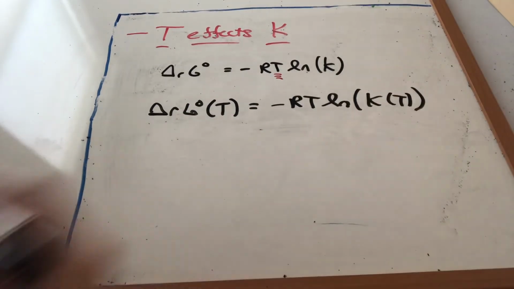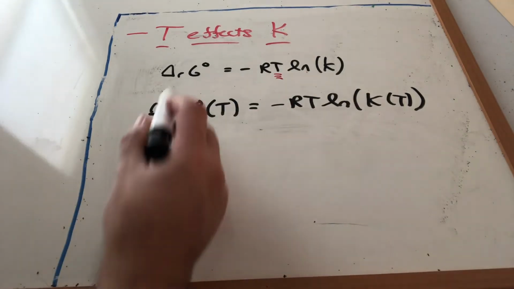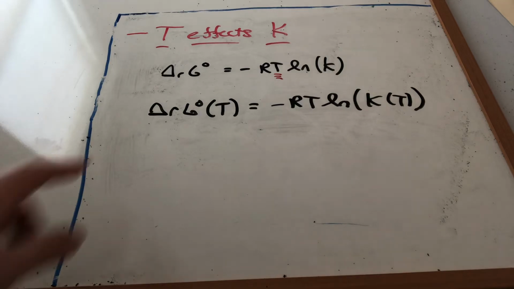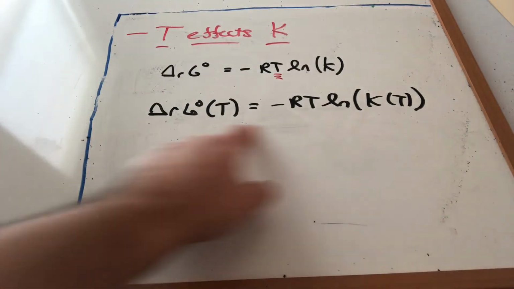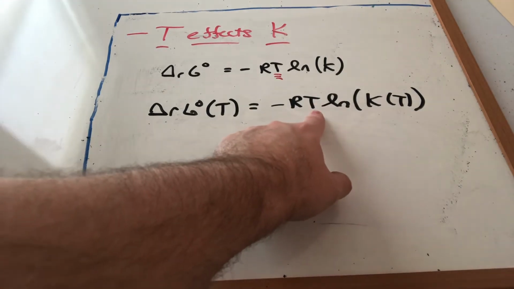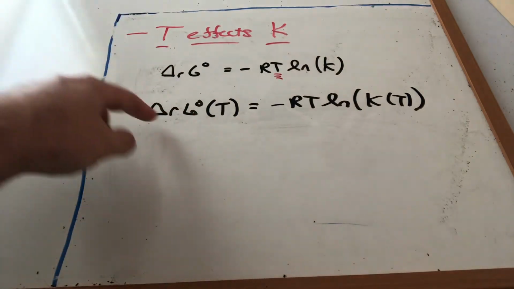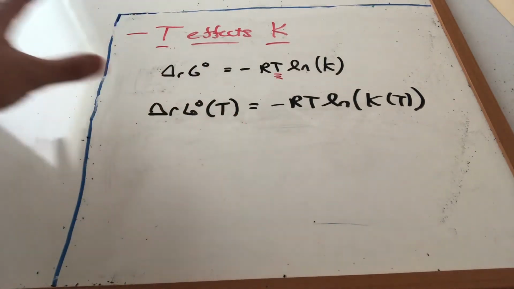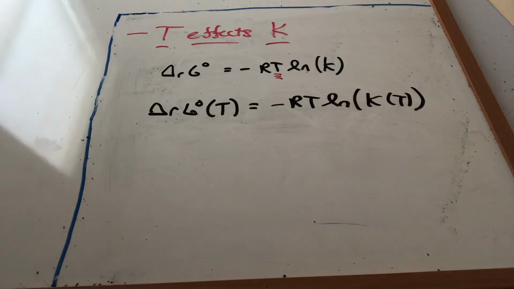Now, this isn't as nice and tidy, right? And so what we normally do is we drop this temperature dependence because you guys know delta reaction G naught depends on temperature, so does K. But looking at this really just emphasizes that point. It's not just T changing here, but T changing here could also influence what this value is, independent of T changing here. This itself might have some functional form.